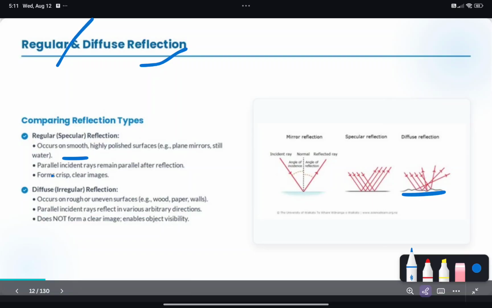This type of reflection does not form a clear image, but it enables object visibility. Done or not? Do you have any doubt? You can ask. Tell me.